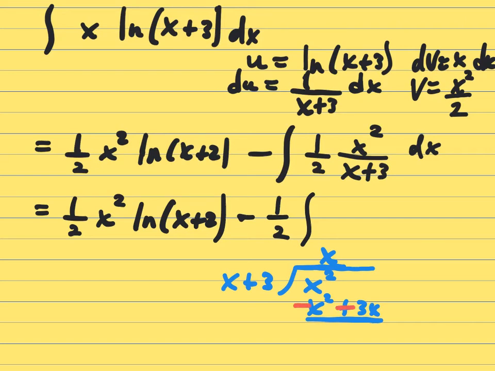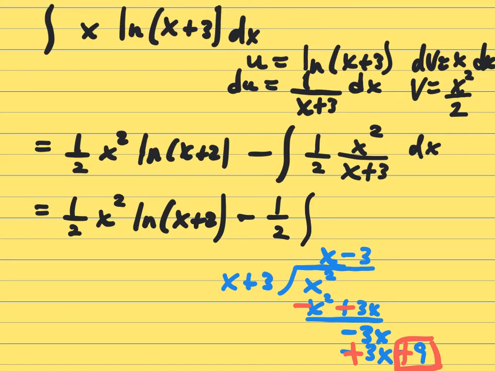Change your signs. X into negative 3x. Change your signs. And we get a remainder of 9.